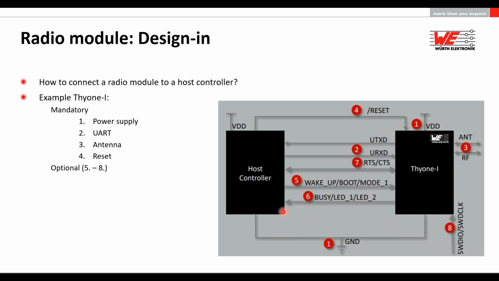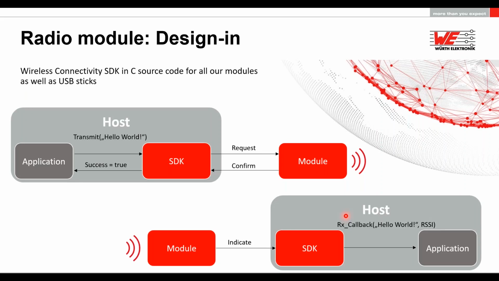Provide the module with power supply, connect the UART, and connect the antenna, in most cases, which involves just having a short circuit between 2 pins, and the reset pin in order to be able to reset the module, and you're good to go. Additionally, there are other options which can be used. I wouldn't go into details of this. I think we have a really good set of documentation available, and we are always happy to guide you through such a design-in process.